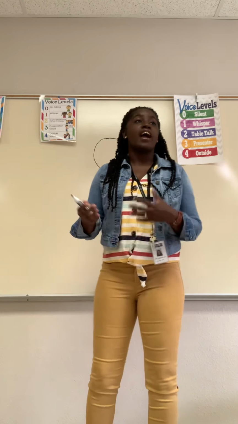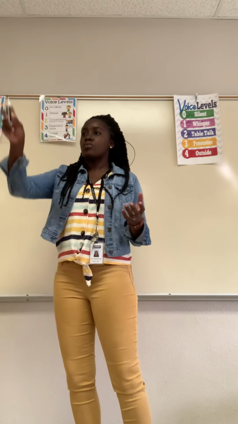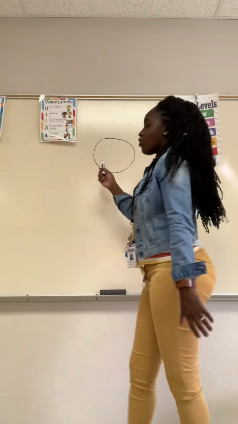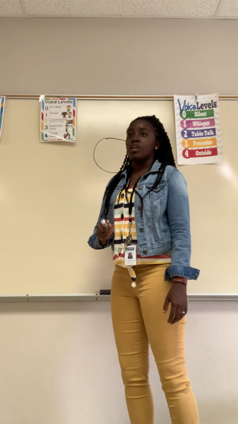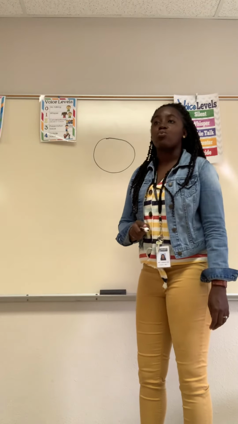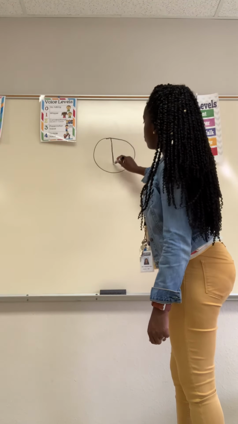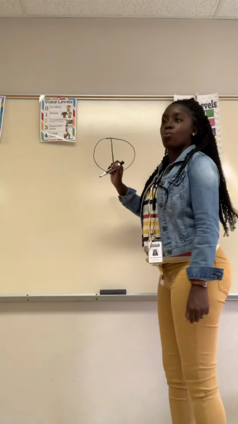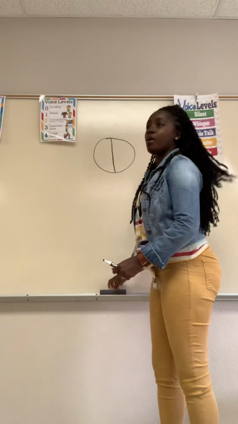When we're doing halves, what are we doing? If I want to give my brother half of the birthday cake, what do I need to do? Exactly, cut it right down the middle. That's your birthday cake.